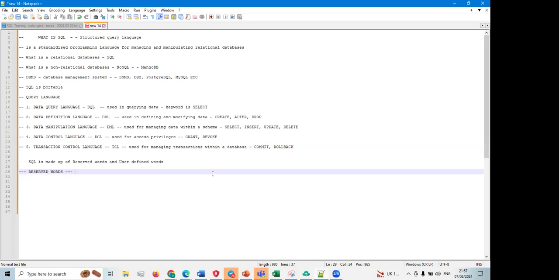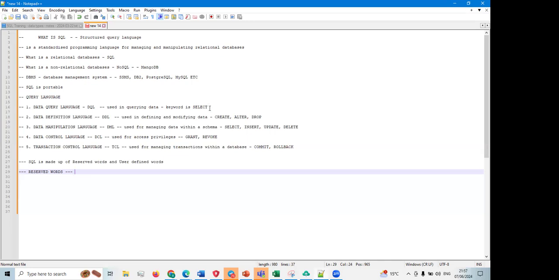Right. So like the name implies, user defined. These are words that the user themselves have added to make their command meaningful. We will come across a few of those in a little while. So for example, when I say select, select what?